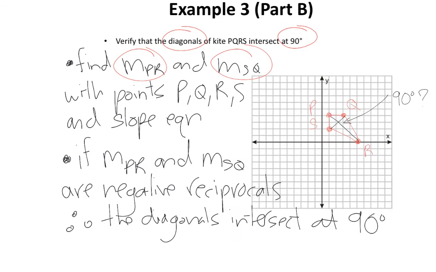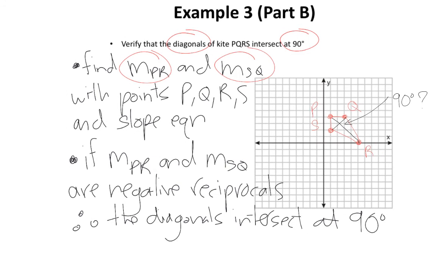So it is really important that you remember that lines which intersect each other perpendicularly or at a 90-degree angle have slopes which are negative reciprocals. You'll see this repeating again and again. And there you have one way of approaching this question.